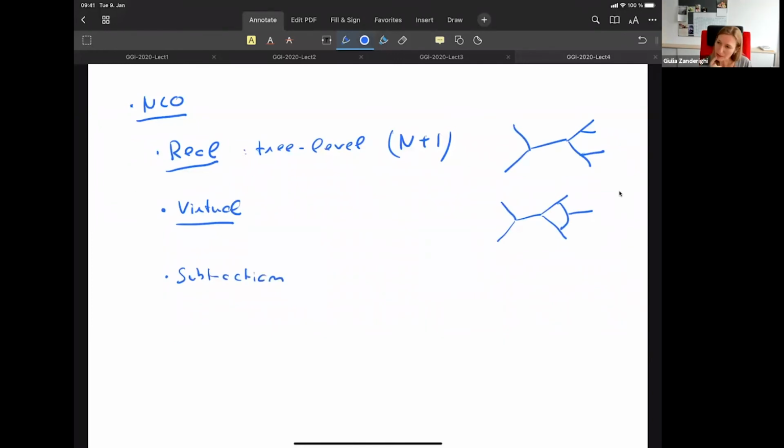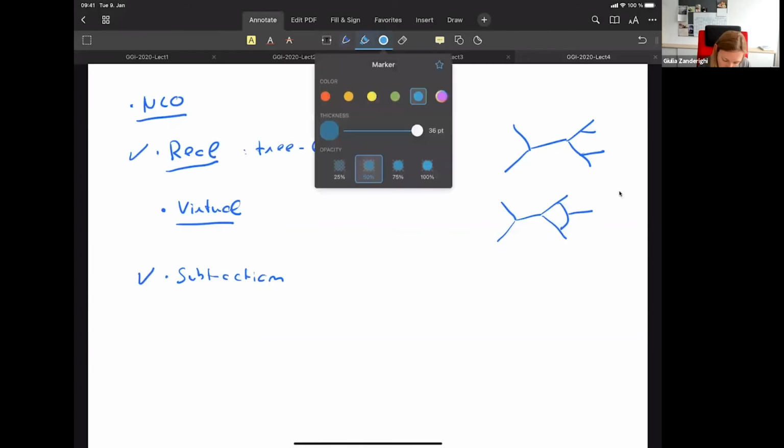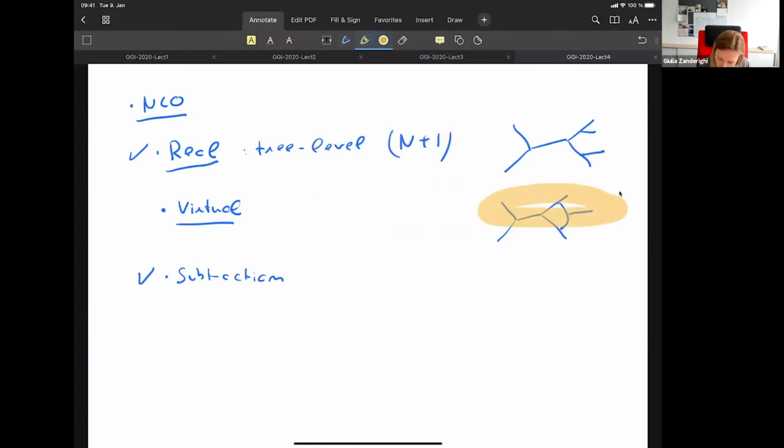For a long time, tree level was as in leading order, so people knew how to do it. Subtraction, as I told you, was understood very well. So the evaluation of this type of loop diagram was a bottleneck for a long time. People in essence did one calculation at a time: write all these diagrams, compute all the integrals at one loop, and so on.